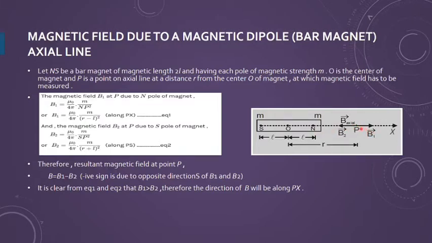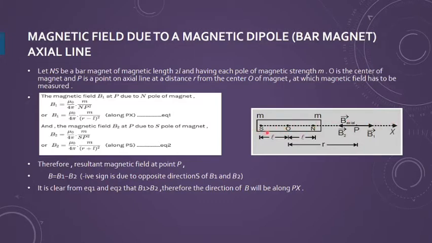Because of this first pole, it will be towards the right, away, because magnetic field lines always start from north and end at south. You are aware of this. So you can find the direction of B1 and B2 by having that knowledge. And from your previous knowledge, when we did the electric field due to an electric dipole at any given point on the axial line, this line passing through the poles is the axis, which we call the magnetic axis.